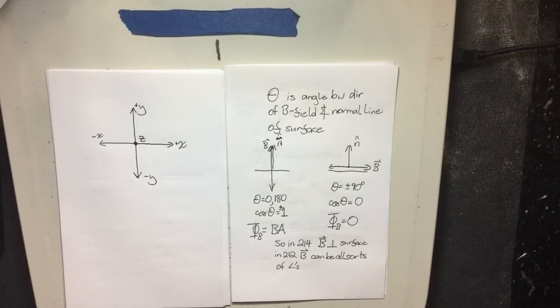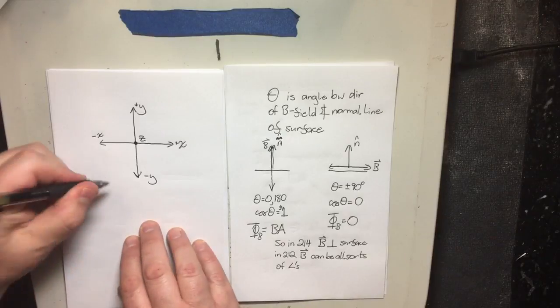Truth be told, it's the way that we're handling it. As long as you know that into the page is opposite of out of the page, that's good enough for us. But there is a reason why.